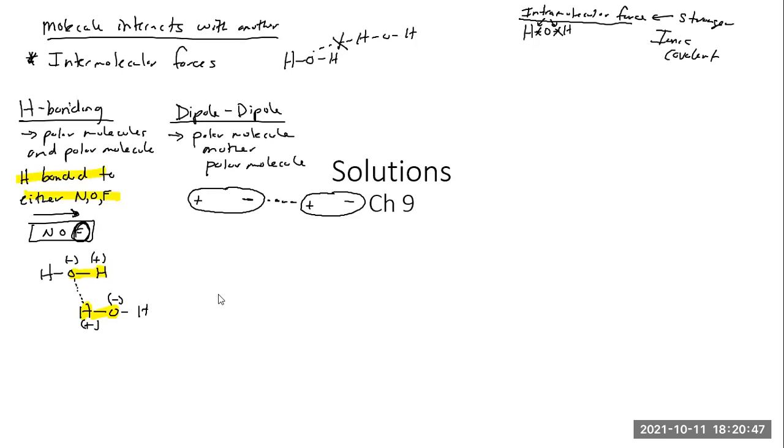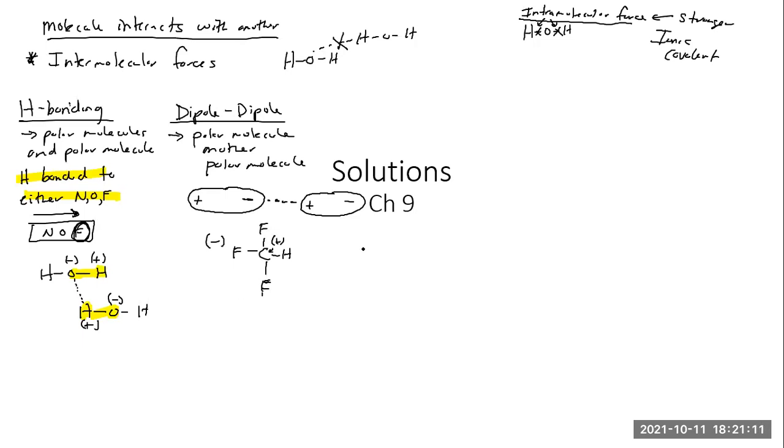If we had something like this guy, I'll draw all the electrons here, but we'll do this. This is also a polar molecule where the more negative side would be the fluorine side. More positive side here would be the carbon side.